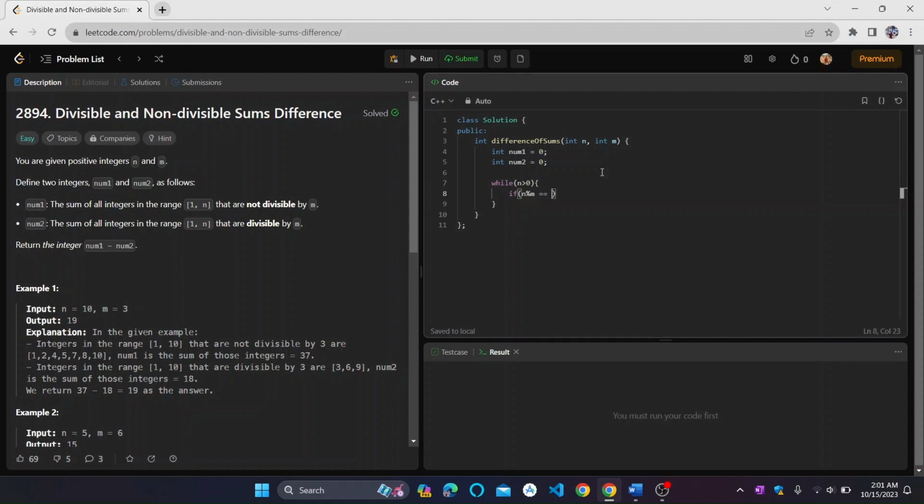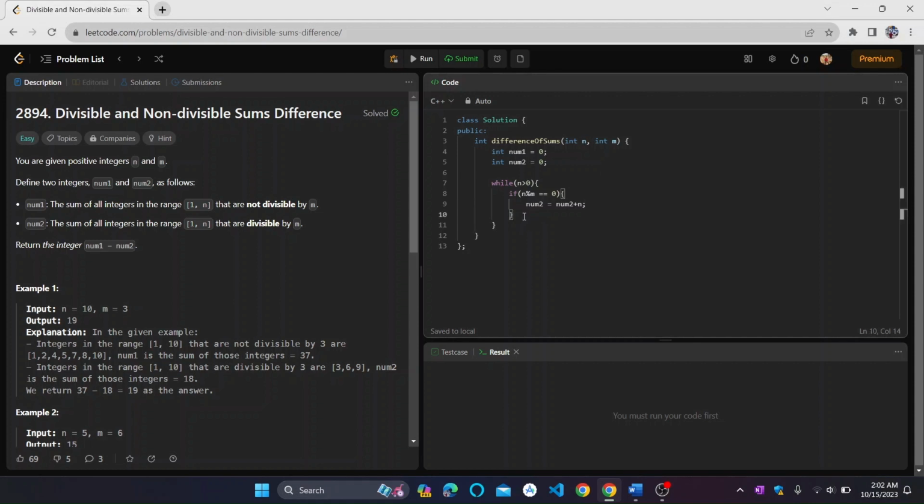If n remainder m gives 0, it means it is divisible, then it goes to num2. So num2 is equal to num2 plus n.